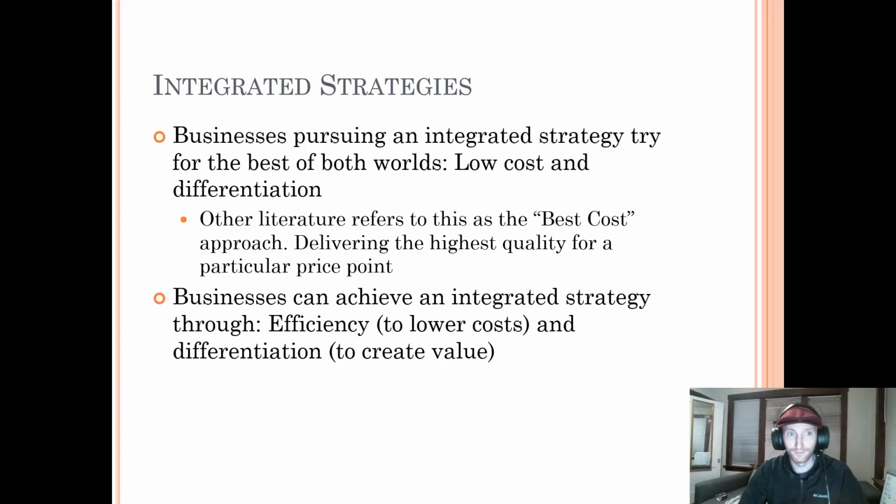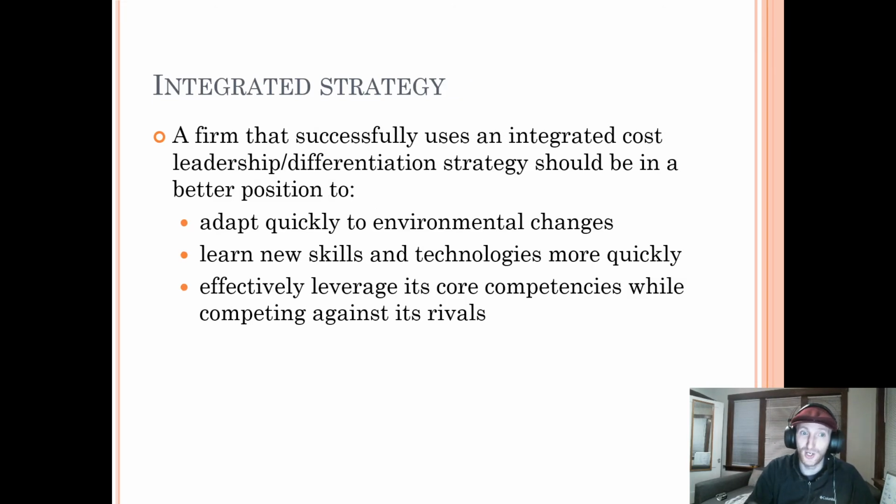All right. So lastly is the integrated strategy. That's the best cost. It's trying to get the best of both worlds, low cost and differentiation. So you're delivering the highest quality or the highest level of differentiation for a particular price point. And you're usually doing this through a pursuit of both efficiency and differentiation.